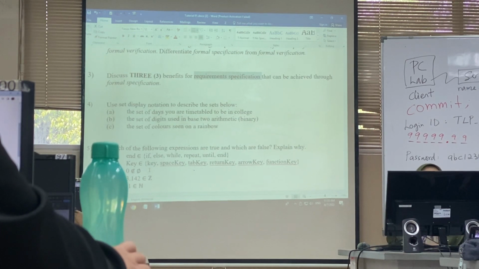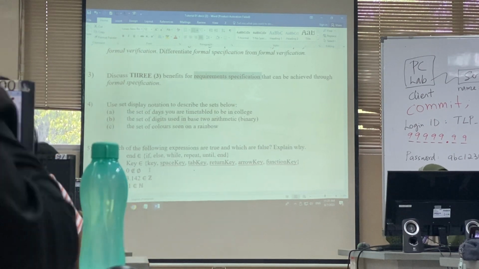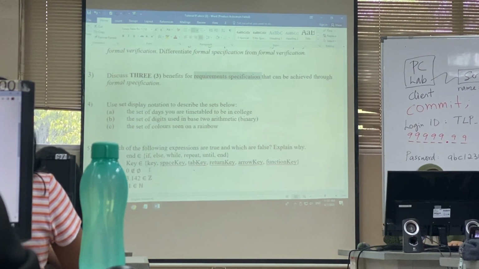So when the client says 3 seconds, not 5 seconds, then you know one requirement can be removed, which is not the correct one. So you remove any ambiguity in your requirement.